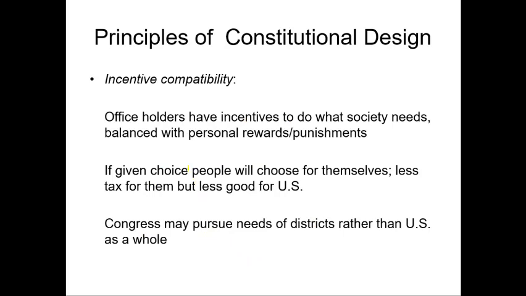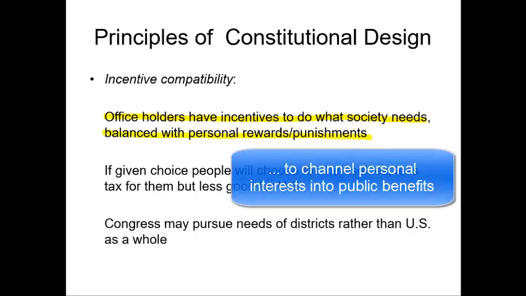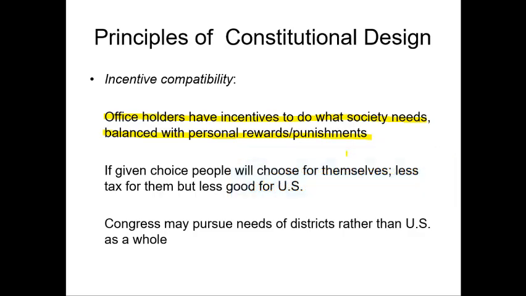Incentive compatibility is a fairly wordy term here that simply means that with our constitutional design, we're trying to give the office holders of our government incentives to do what society needs, balanced with some personal rewards or punishments as far as what they can or cannot do, and the fact that they are rewarded with fairly prestigious positions and decision making as to the future of our society.